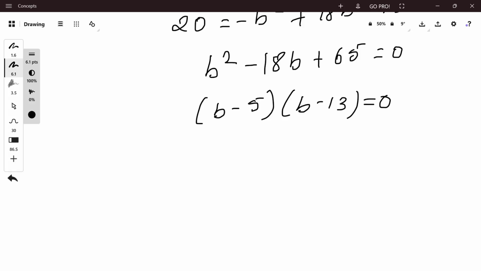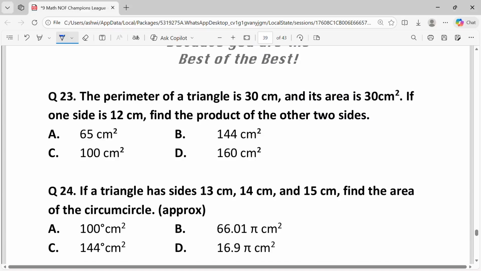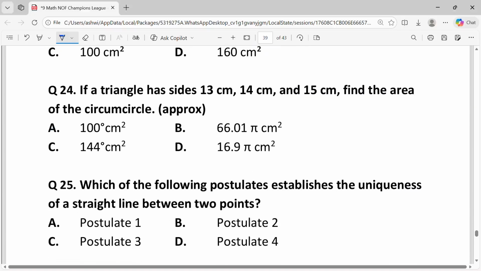And if b is 13, then c is 18 minus 13, that is 5. The other two sides are 5 and 13. Hence, the product of the two sides b into c is equal to 5 into 13, that is equal to 65 centimeter square. Comparing with the given options, the answer is A, 65 centimeter square.